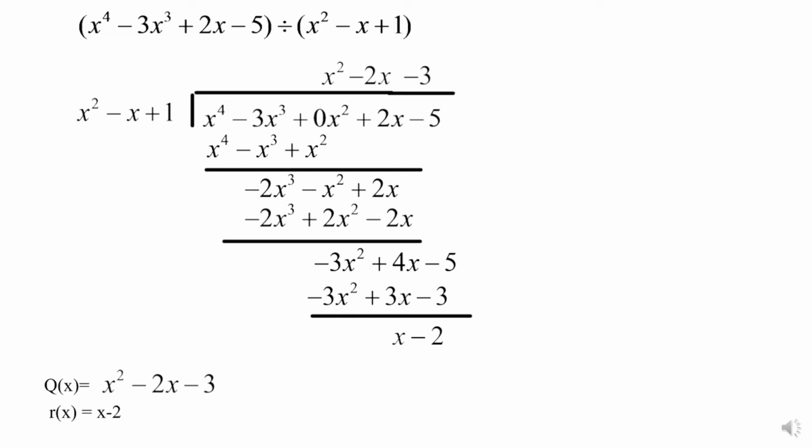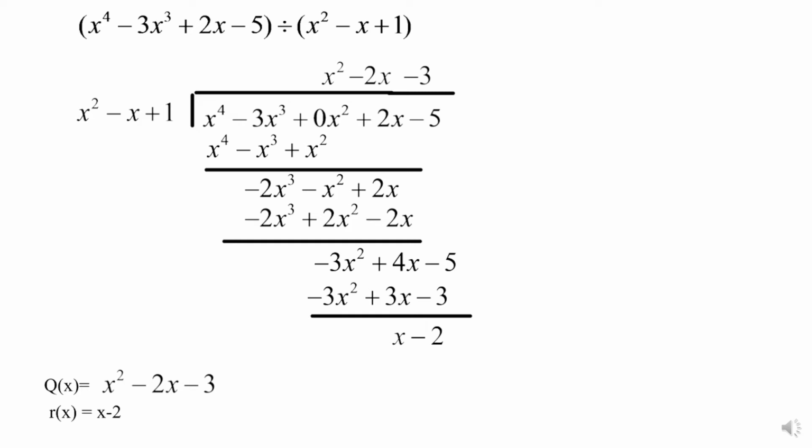Since the dividend is missing an x squared term, we will insert a 0 placeholder. X to the fourth minus 3x cubed plus 0x squared plus 2x minus 5 divided by x squared minus x plus 1.